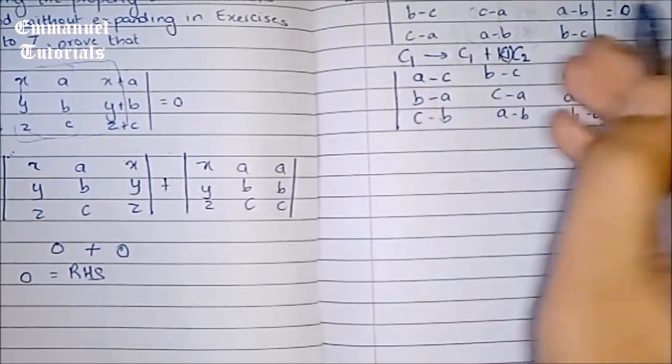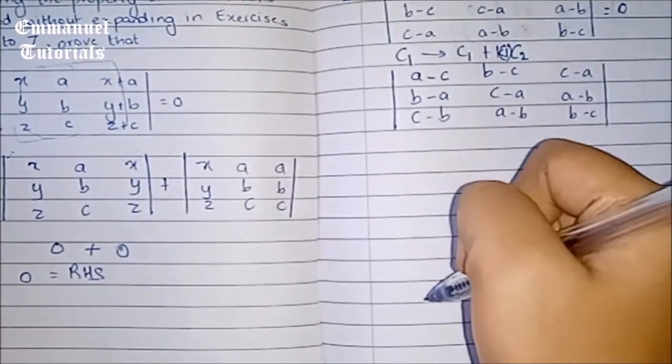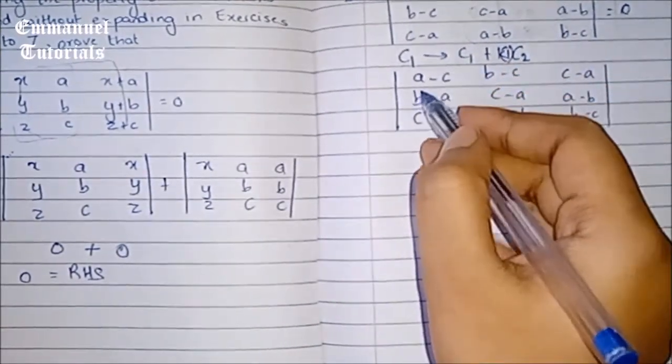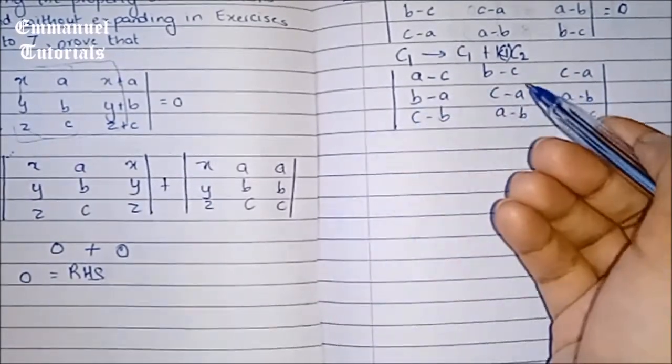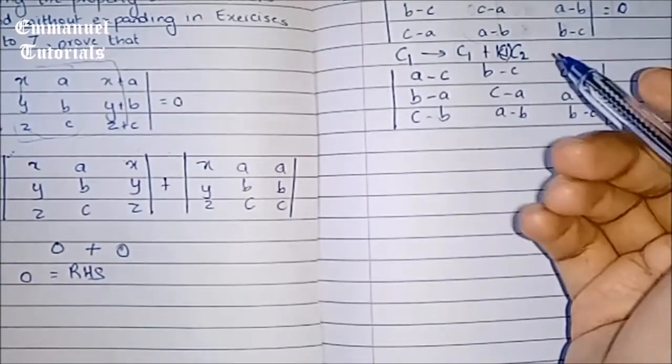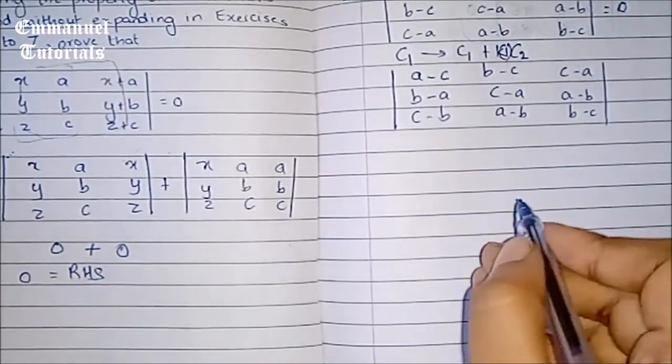We can just take minus common. If you take minus common from the whole of the first column, it's going to become minus of C minus A, minus of A minus B, minus of C minus B. Then you can take minus common, and that will solve our problem.